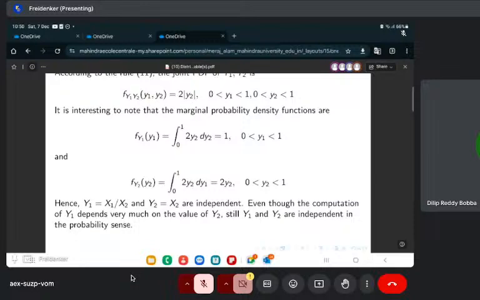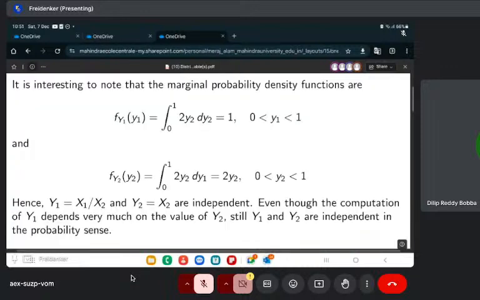Same story. What is the marginal probability density of y2? You just integrate the joint probability density with respect to the other variable, y1, across its range, 0 to 1. So if you integrate it, you get a function. Okay, fine. You got 2y2.